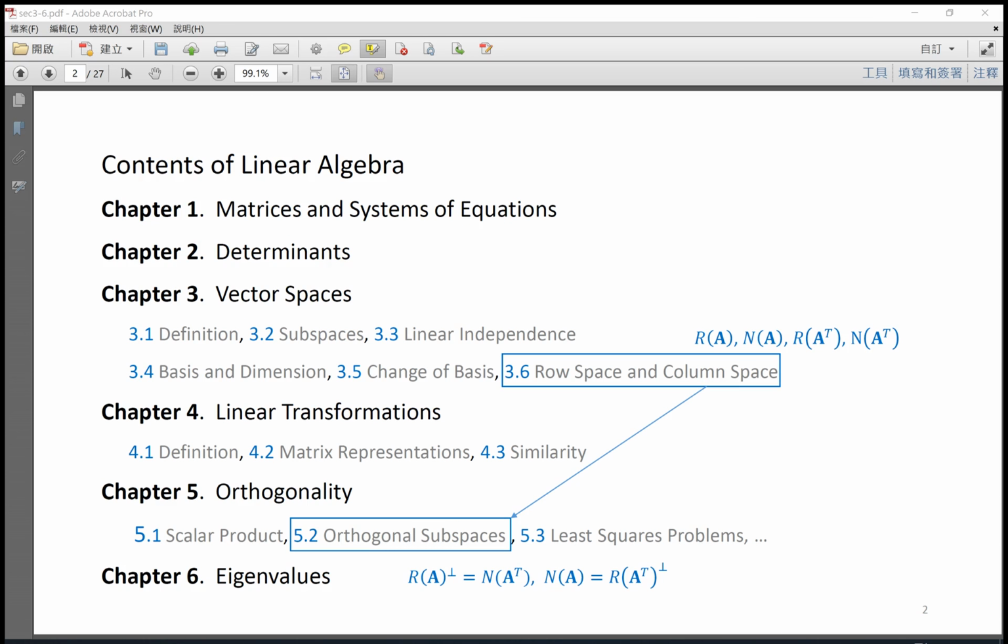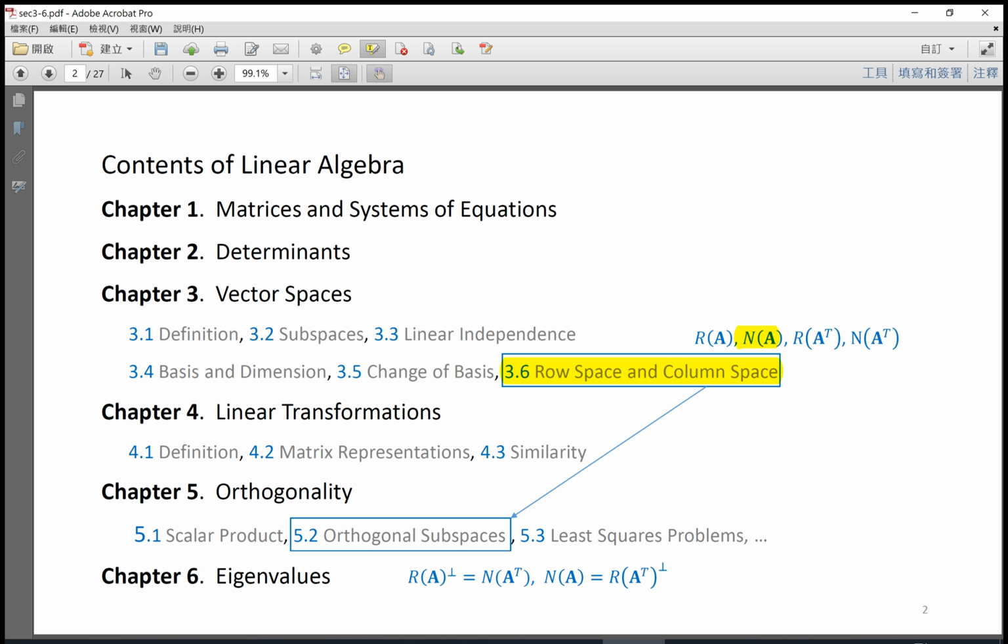In this week, we will learn section 3.6, row space and column space. Given a matrix A, you will learn how to compute its row space, its column space, as well as the null space. We will also discuss the solvability of linear equations in terms of these subspaces.